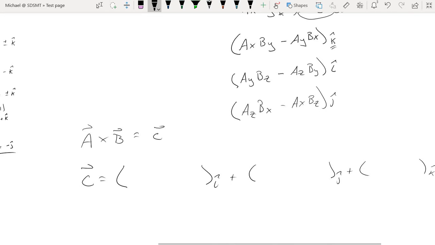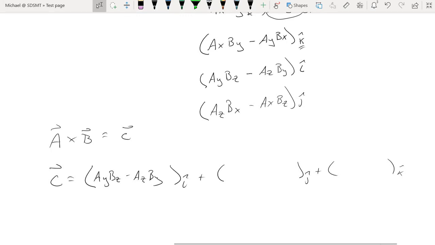Now we have our expressions. Now we have exactly what we need to plug in for any general system of vectors. Our j hat right there, az bx minus ax bz, and then our k hat is ax by minus ay bx.